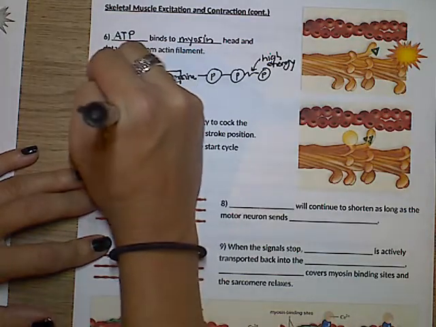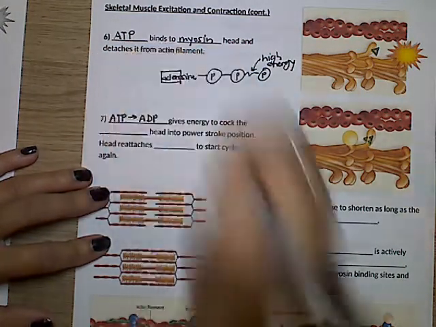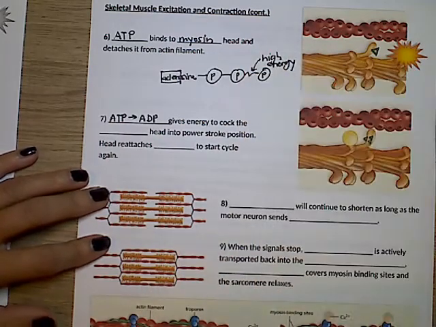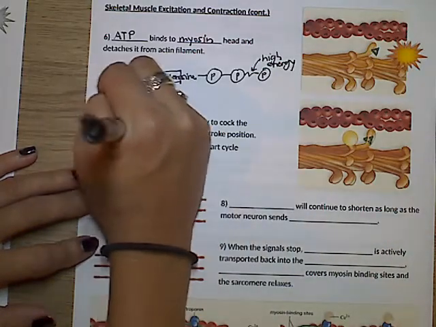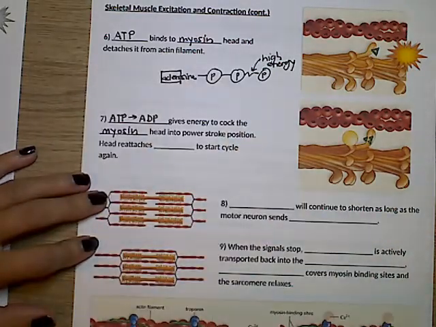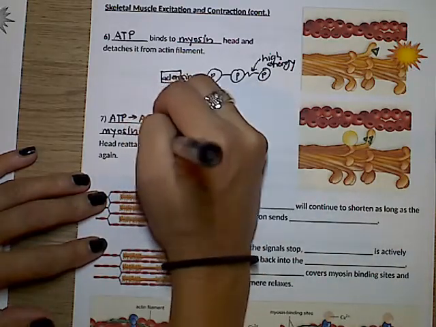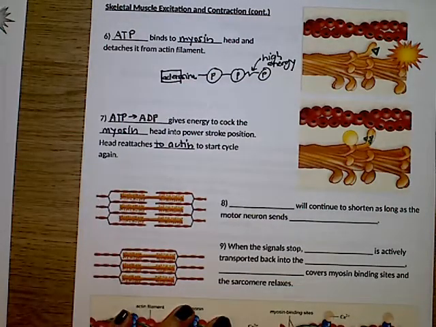So with that ATP breaking that bond to form ADP, adenosine diphosphate, because now we only have 2 phosphates, it gives energy to cock the myosin head into power stroke position, and the head reattaches to actin to start the cycle again.